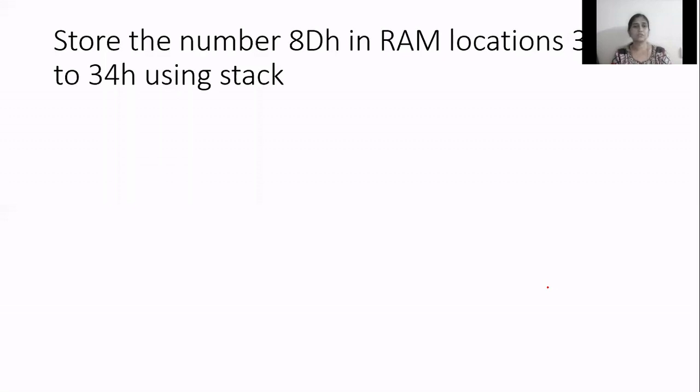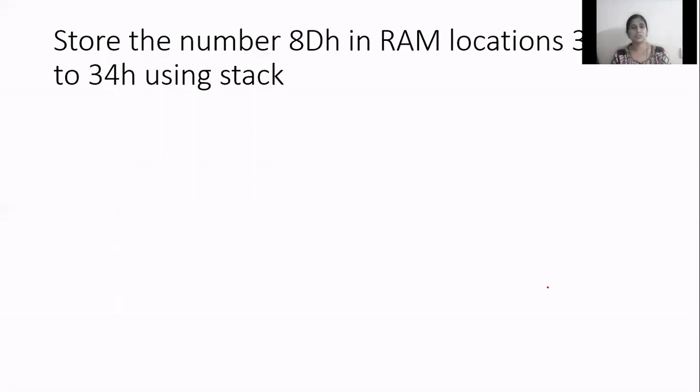You need to store 8DH into the RAM locations 30H to 34H using stack. I can write the program moving the data 8D to locations 30 to 34 using the direct method, register method, or indirect addressing mode also.